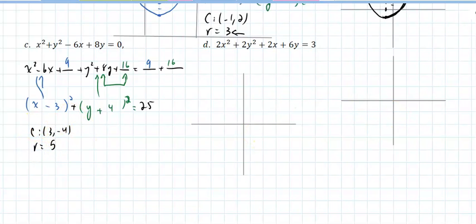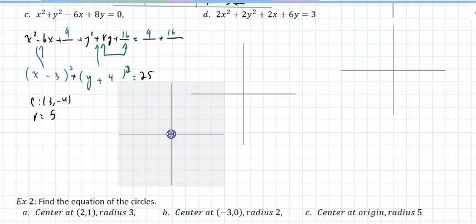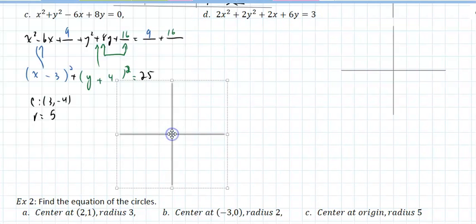So if I take one, 2, 3, and run down 1, 2, 3, 4, that's the center. I move 1, 2, 3, 4, 5 to the right, 1, 2, 3, 4, 5 to the left, oops, the other left, 1, 2, 3, 4, 5, and 1, 2, 3, 4, 5.